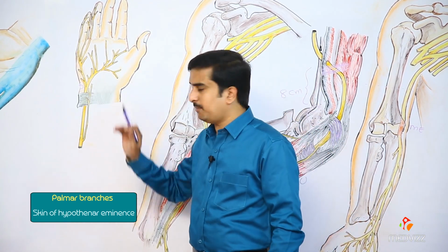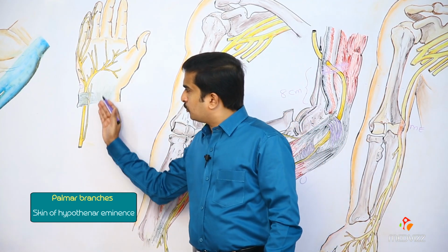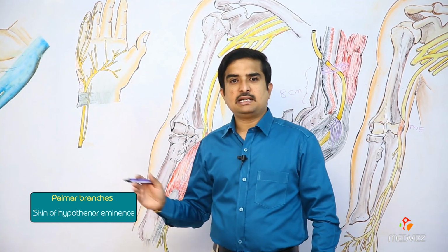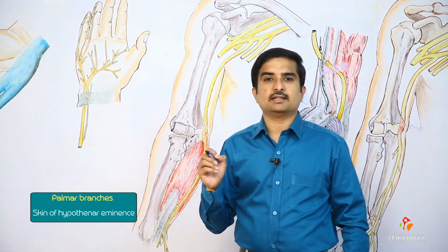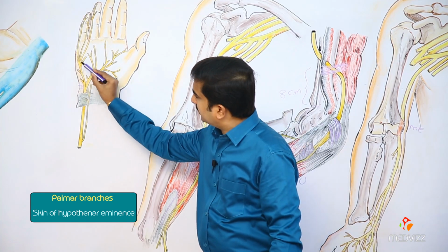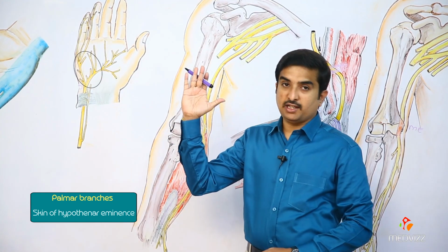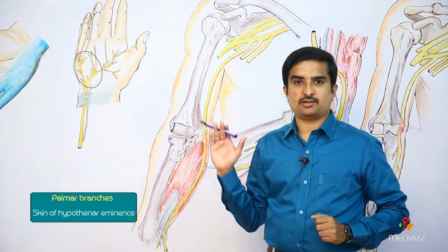We already studied that the volar ligament forms the roof of Guyon's canal. So it passes superficial to the volar ligament, and mainly supplies the skin of the hypothenar eminence. This is the area of the hypothenar eminence.